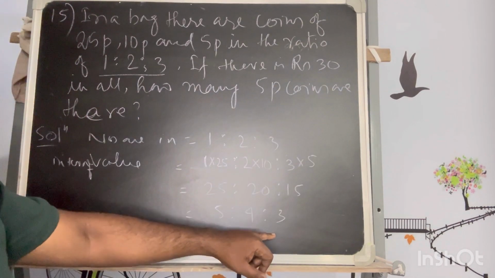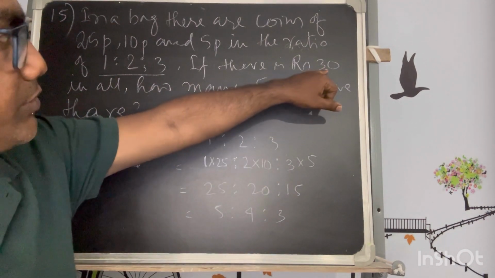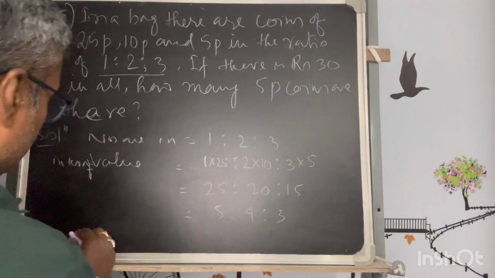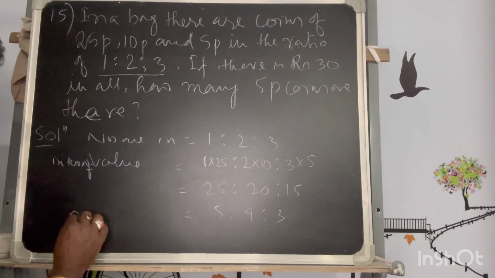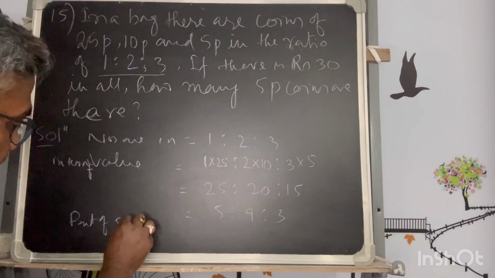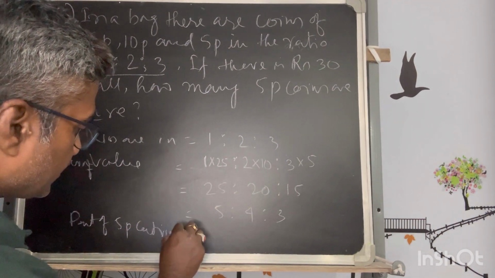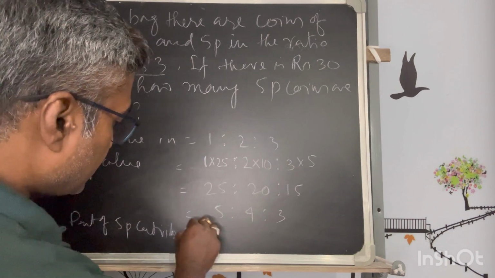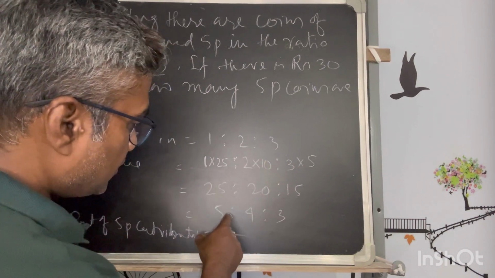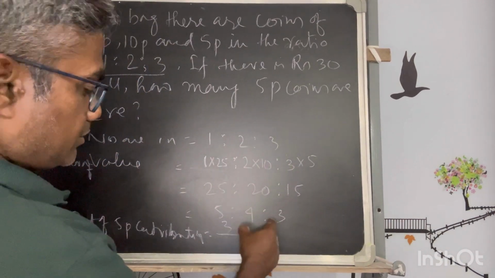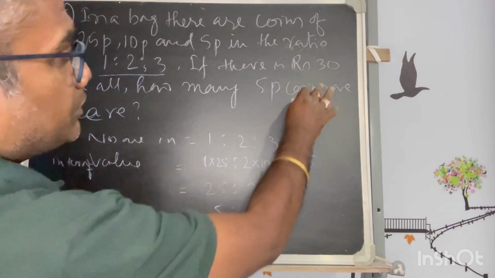So what part of 5 paisa is contributing to 30? The part of 5 paisa contributing is 3 upon 5 plus 4 plus 3, which is 12. This part is contributing 30 rupees.